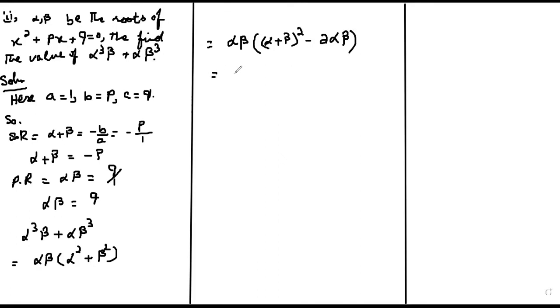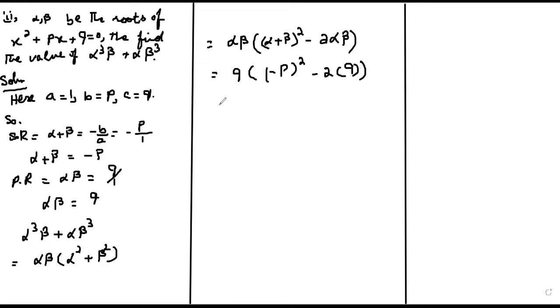So using this formula, this is q, this is minus p the square minus 2 times q, right?